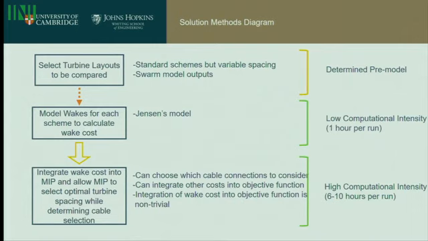We'd first select a number of very similar turbine layouts that we wanted to compare to each other, and we'd run Jensen's model on each of these to calculate the costs associated with the different turbine placement schemes. And then we'd use mixed integer programming to actually refine the different turbine layout placement schemes and compare the optimal configuration for the cable layouts given the specific schemes of turbine placement that we were considering.